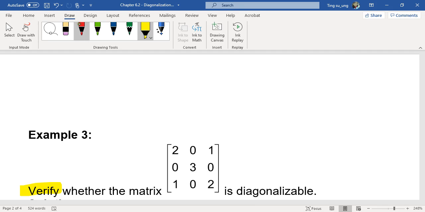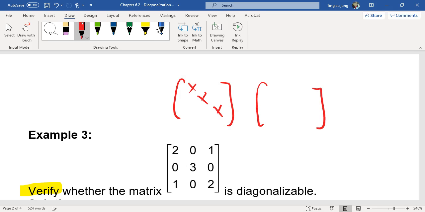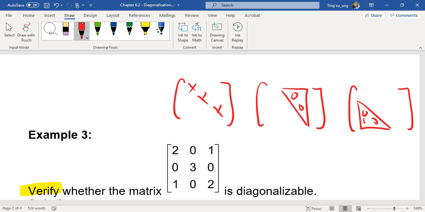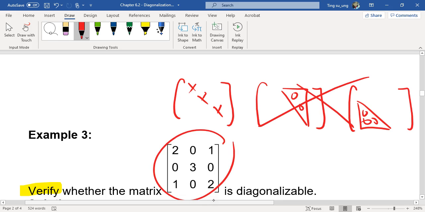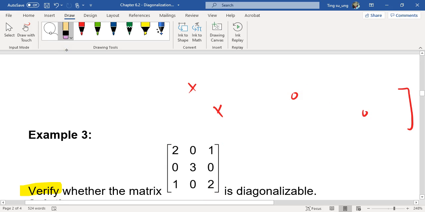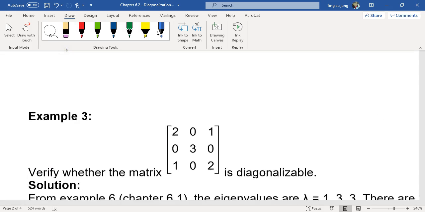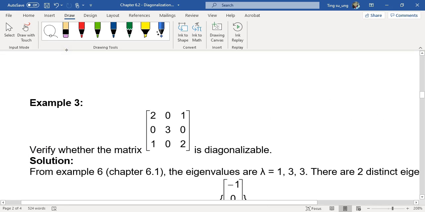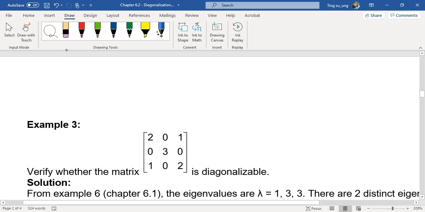This example is exactly the same as your previous chapter, your 6.1, example 6. From what we have, the eigenvalues obtained are 1, 3, 3.